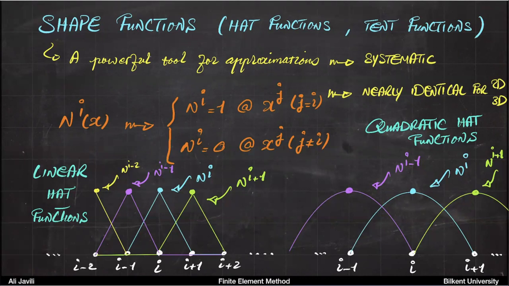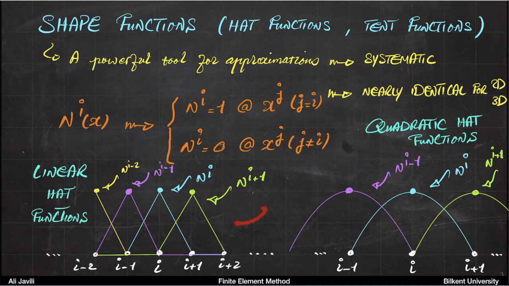So at any point that is not equal to i, that is zero. So that is the way you define that. And here are the examples. You can see, for instance, Ni here is 1 at node i, and then 0 at any other j which is not equal to i.